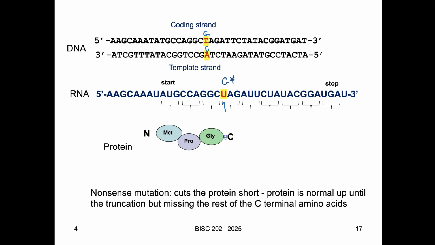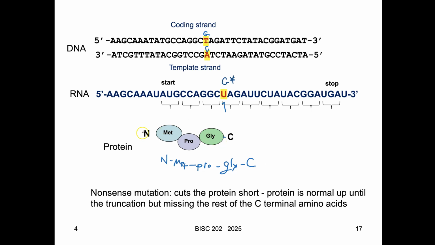And so, when you're writing out your amino acid structure, you do methionine, proline, glycine, and then sometimes students want to write stop or something like that, but instead just put the C, because the C means that's the end of the protein.